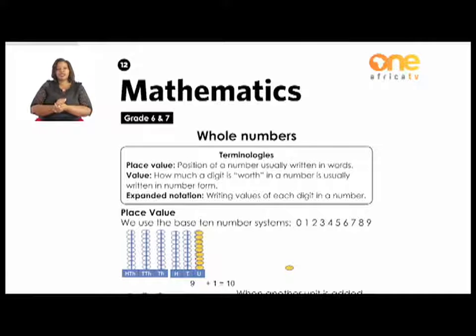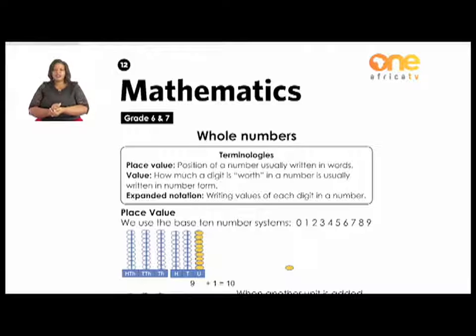The first one is place value, the position of a number, usually written in words. The value, how much a digit is worth in a number, should be written in number form.